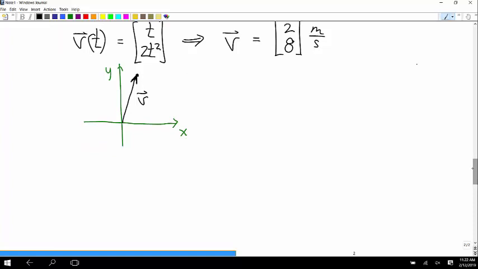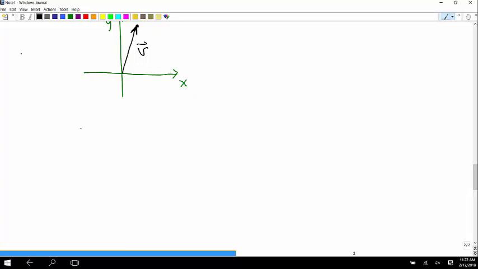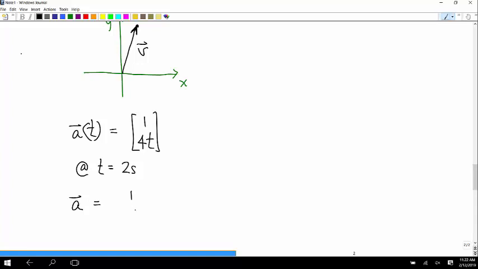The acceleration function is (1, 4t). So evaluate that at time equals 2 seconds. And you get that the acceleration is equal to (1, 8).